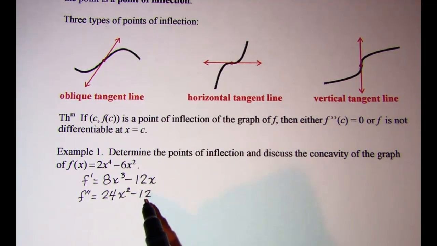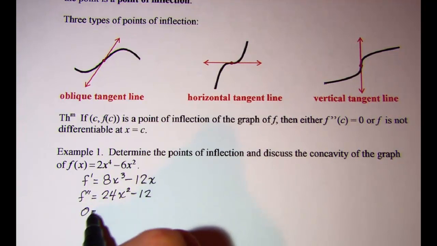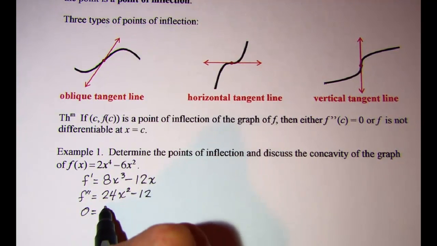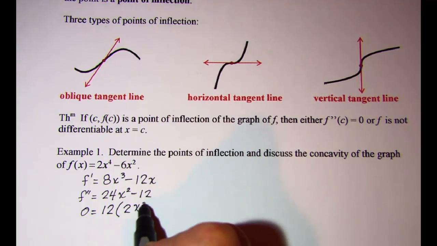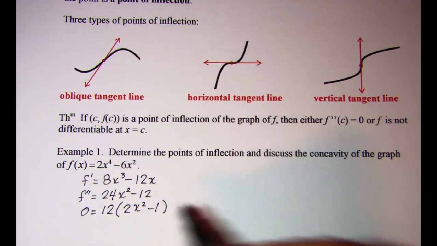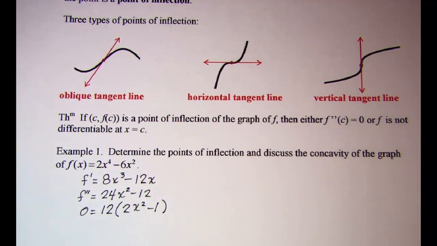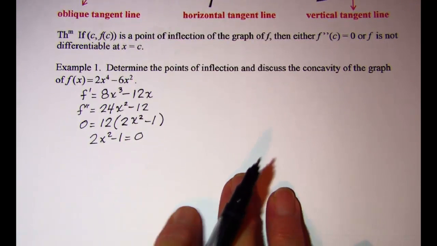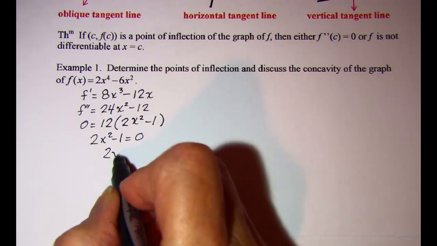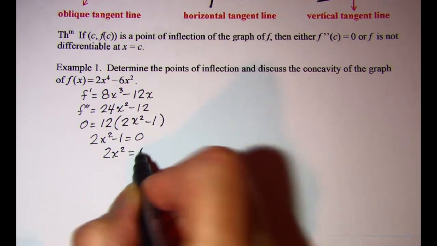Now we want to set that equal to 0. Let's go ahead and factor out a 12. So we have 12 times 2x squared minus 1. For this product to be equal to 0, 2x squared minus 1 equals 0. Add 1 to both sides. 2x squared is equal to 1.